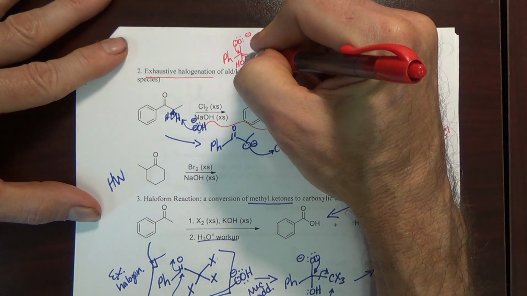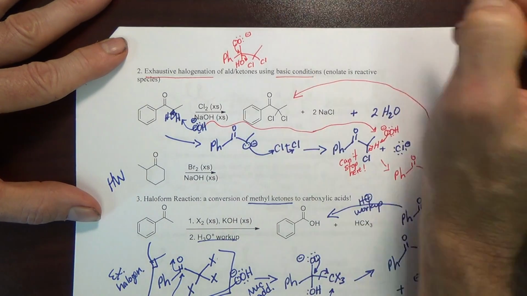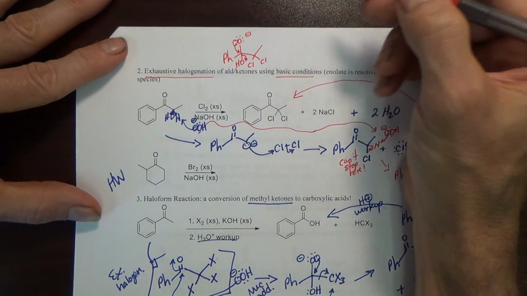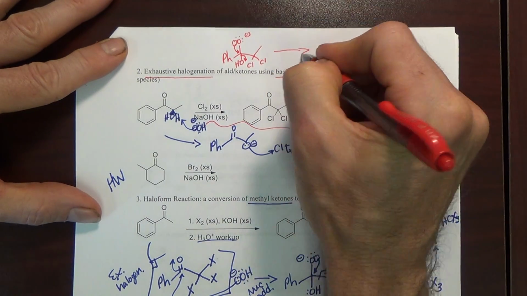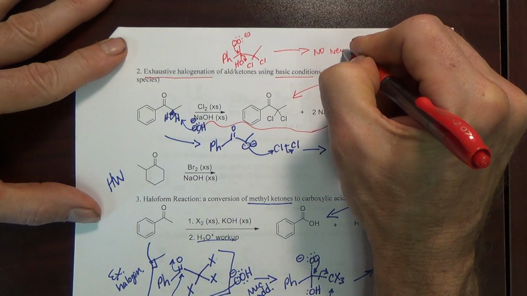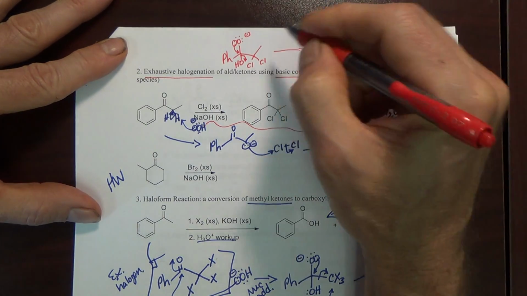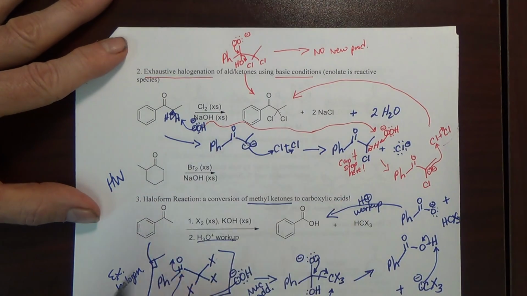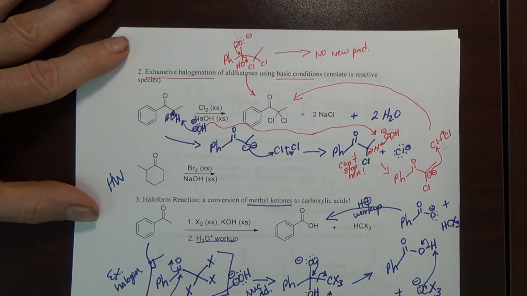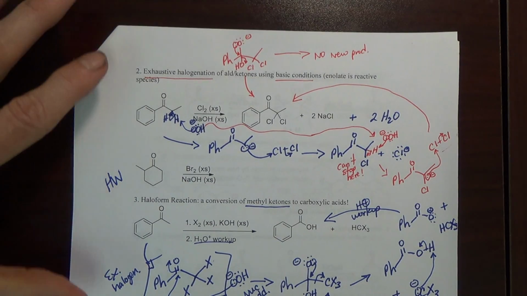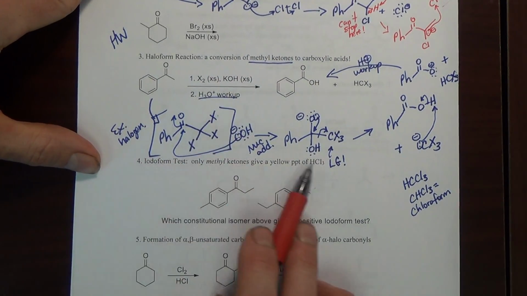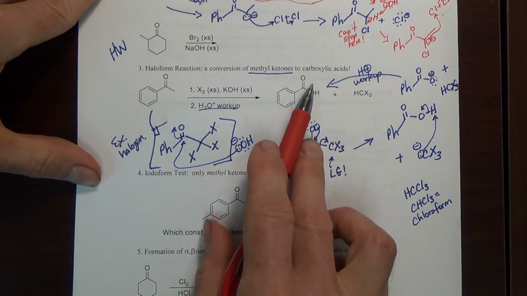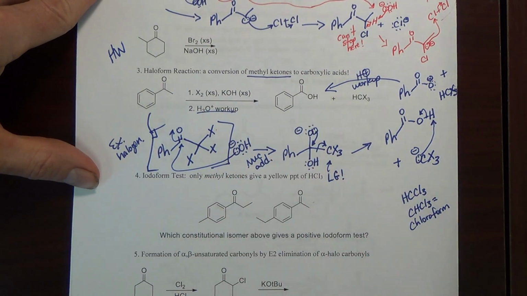We just have to kick the hydroxide back off, and so you don't get any new product. That's the product that's isolated. But if the carbon has 3 halogens, that carbon will get kicked off. Haloform reaction, great way to make carboxylic acids.